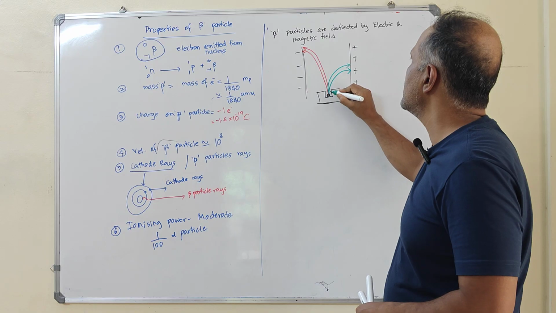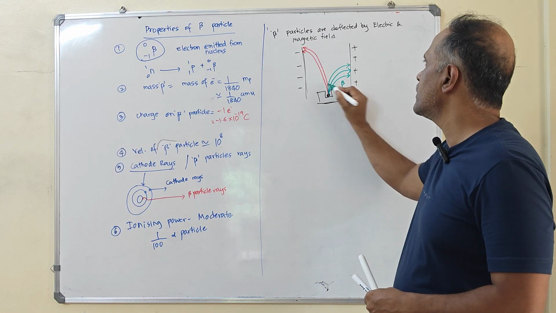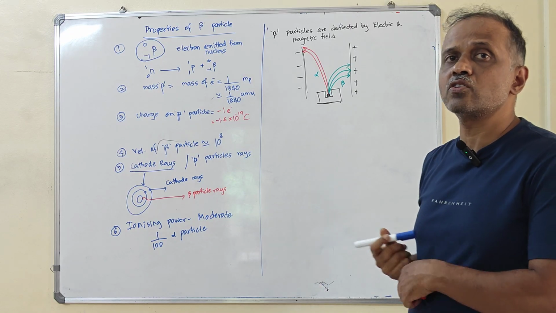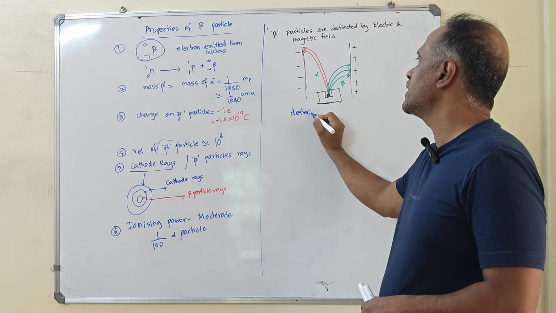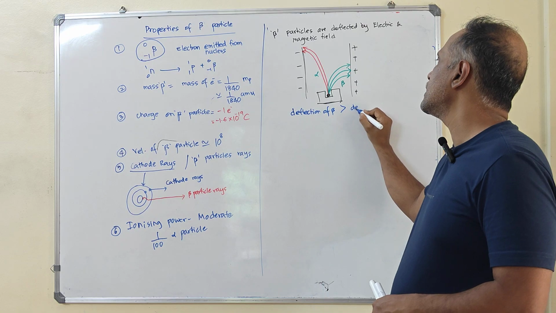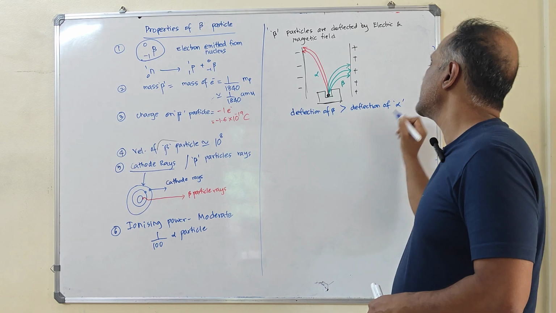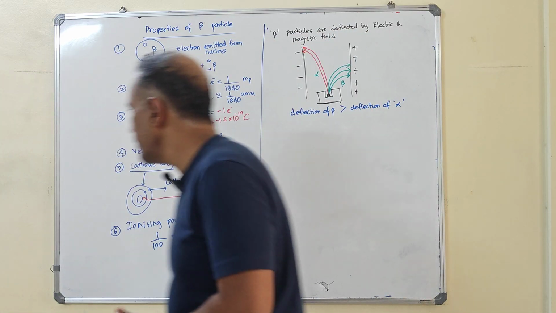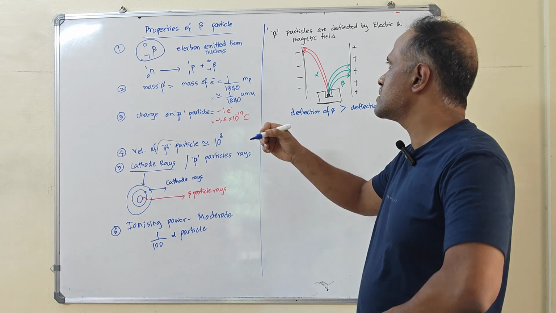Since beta has very little mass, remember that the deflection of beta, that is the turning of beta, is more than the deflection of alpha particle in electric or magnetic field.